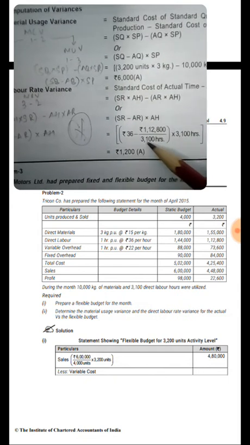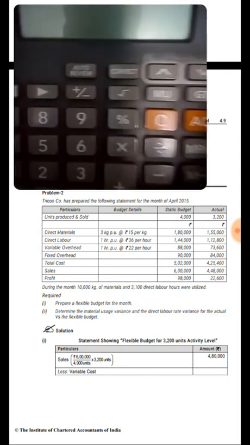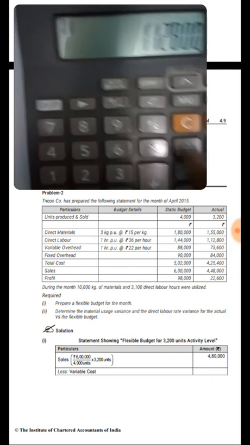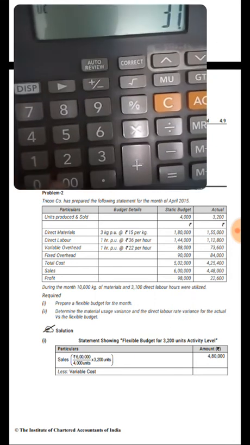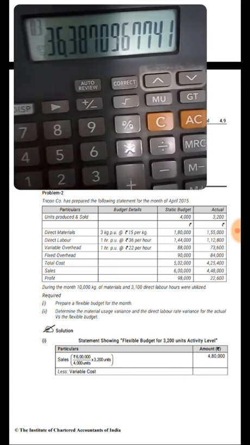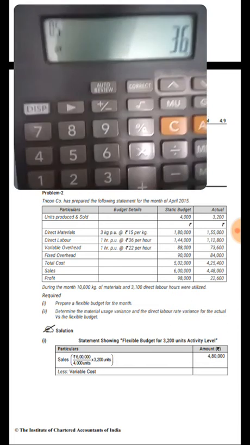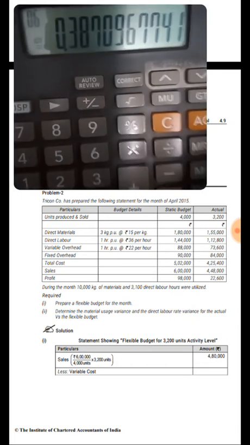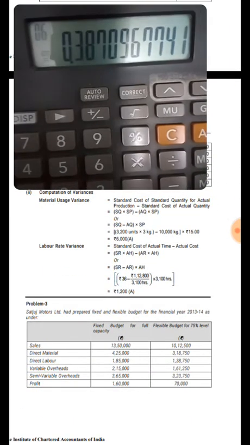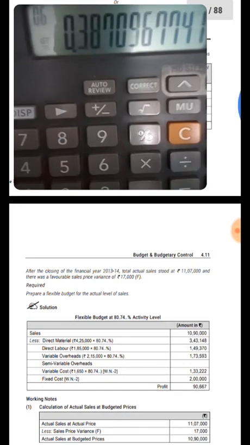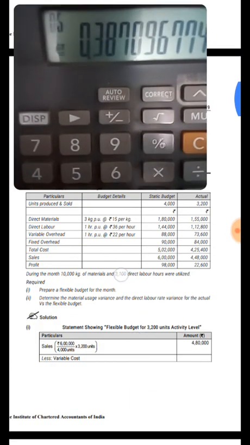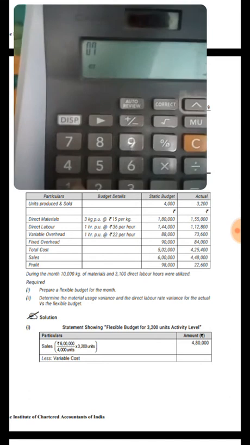1,12,800 divided by 3,100 is equal to 36.3870 something. Minus, if you do 36, you will get this much. That you have to multiply with 3,100 hours, because that much is actually produced.